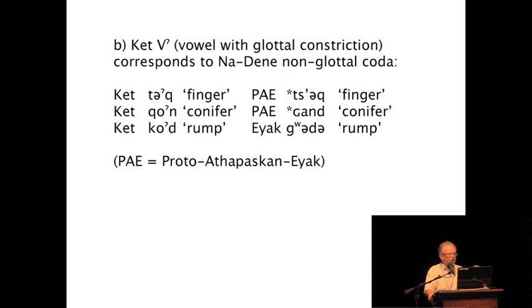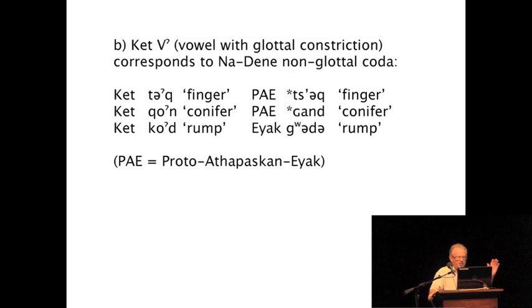So we have regular correspondences between the Yeniseian languages and the Na-Dene languages. Since the languages have not been in recent contact, this is probably not due to borrowing. These words almost certainly have not been borrowed. They must go back a long way in history, so in prehistory, so the languages are probably related to one another.